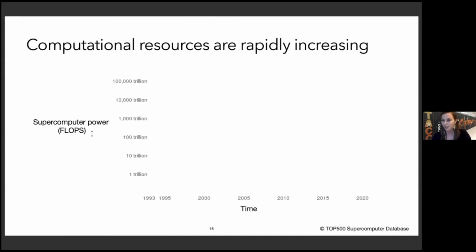These flops are just the number of operations that a computer can do in a second. And when you look at the growth that we've seen in all the supercomputers in the world, you can again see that our compute power has grown exponentially, and we really have no shortage of computational resources now to do work.